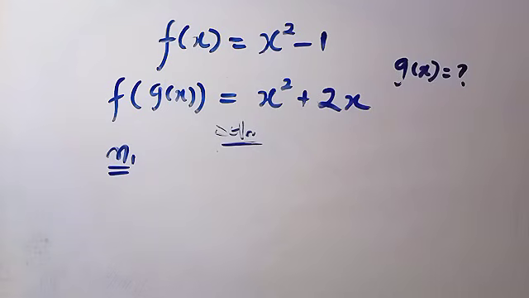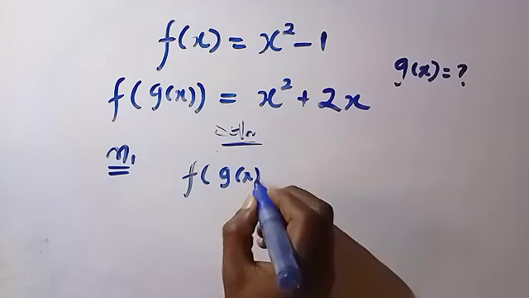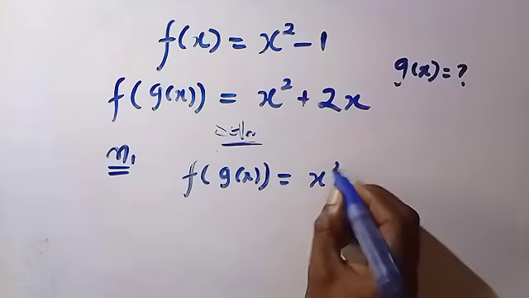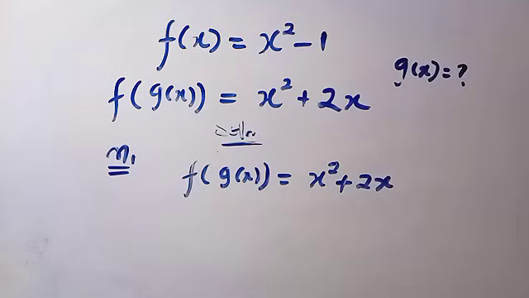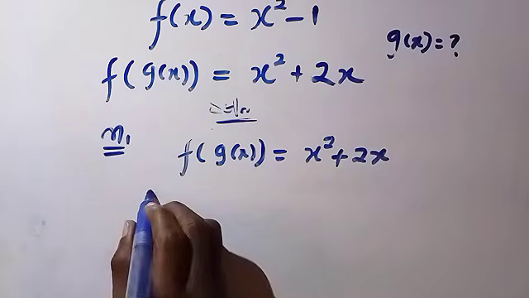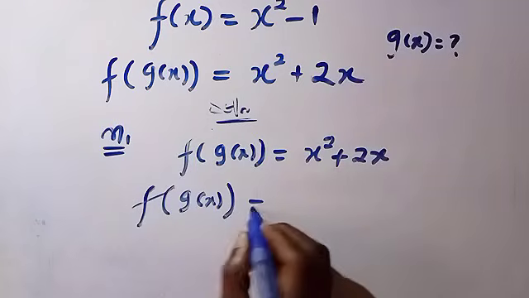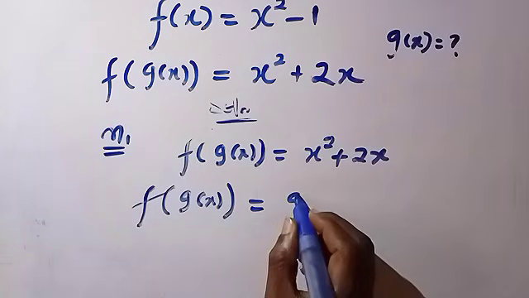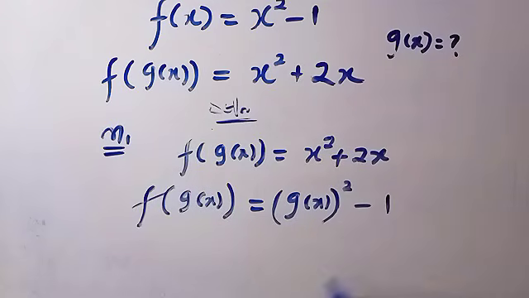For the second method, let's use direct substitution. So note that since we have f of g of x equals x squared plus 2x, if I substitute this directly for f of g of x in the first one, it's just like g of x all raised to power 2 minus 1.